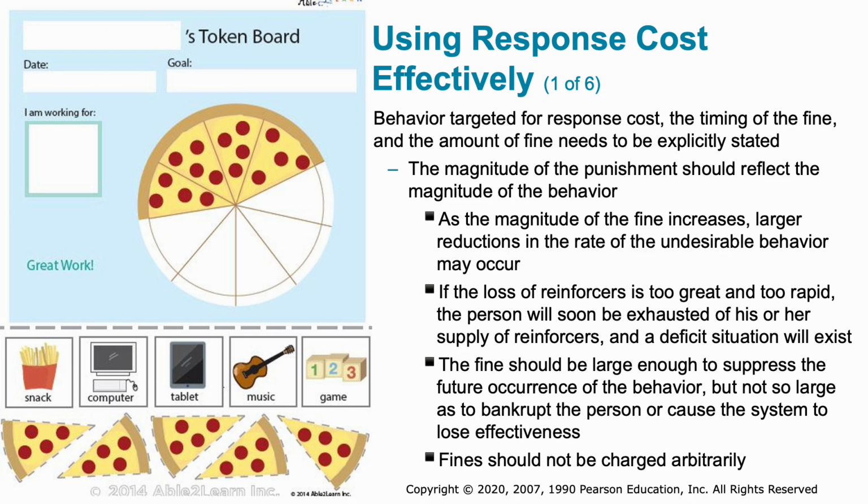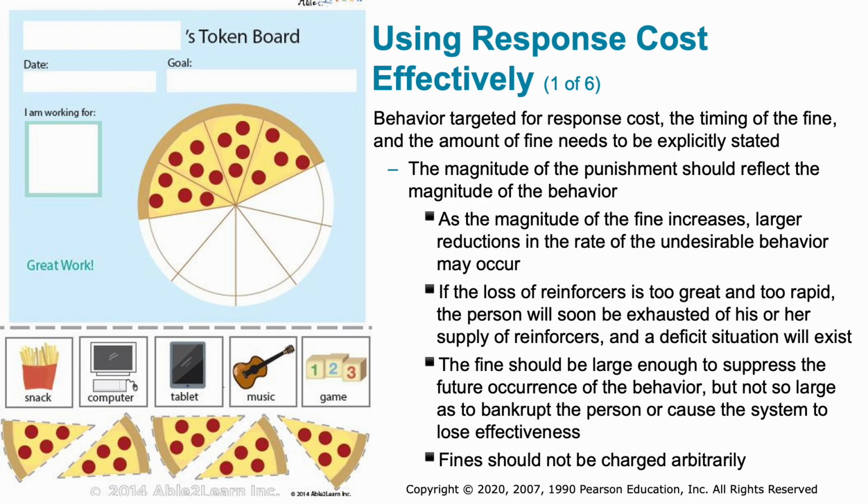Okay, so what is that behavior? What is the definition? Provide examples and non-examples. Can your therapist or your caregiver, whoever it is, the teacher, whoever it is that's implementing the response cost procedure, can they appropriately identify the behavior that needs to result in response cost?